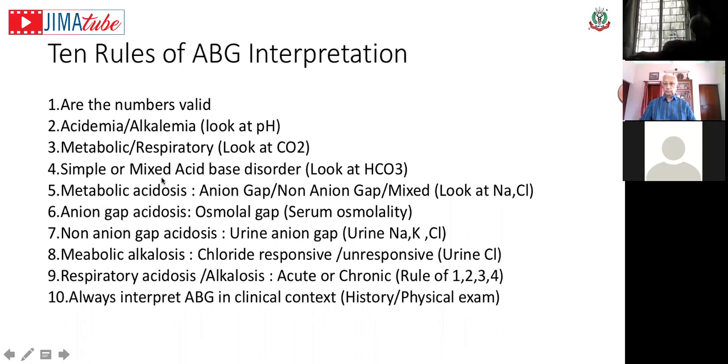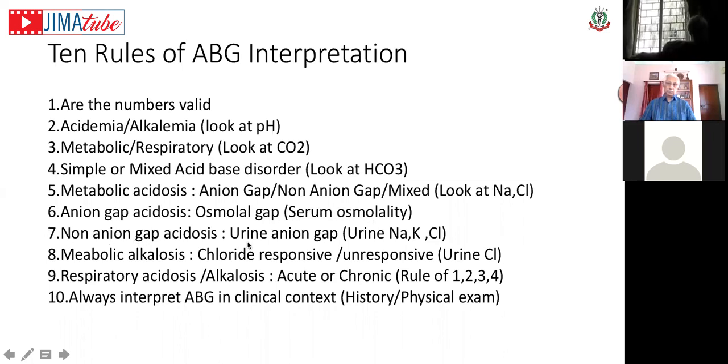In a mixed disorder, you have to see whether there is metabolic acidosis. You have to look at whether it is anion gap, non-anion gap, or mixed anion and non-anion gap acidosis; you have to look at sodium and chloride apart from bicarb. In an anion gap acidosis, always look at the osmolar gap, by looking at the measured serum osmolality and the difference with calculated osmolality.